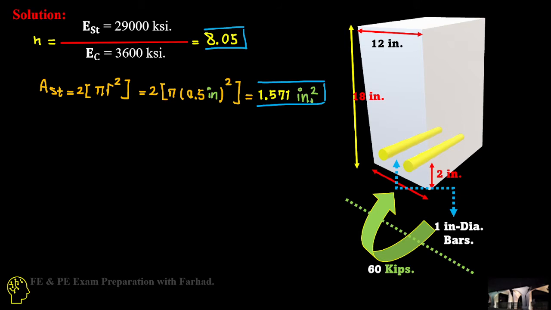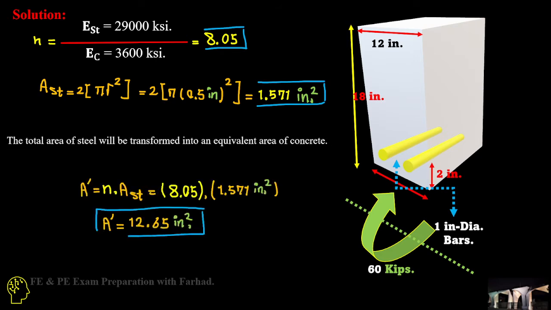Then we have to convert it to the equivalent area of concrete. It just gives us n, the ratio of those two moduli of elasticity, times the area of the two rebars: 8.05 times the area of the two steel rods, which gives us A prime equal to 12.65 square inches.